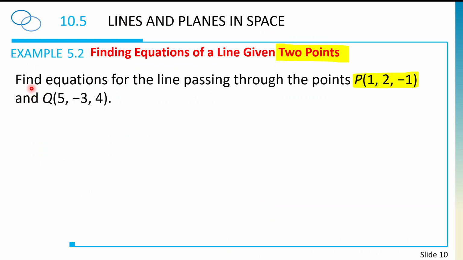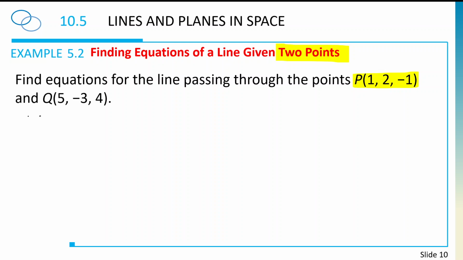I need to find the equations for the line passing through the points P(1, 2, -1) and Q(5, -3, 4). So we have PQ. This is the second case. What can I do in this case? What's given here is 2 points.